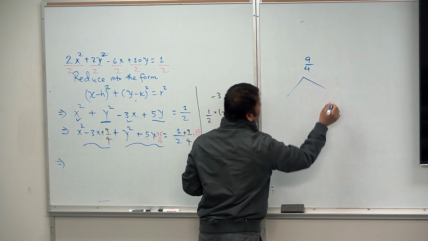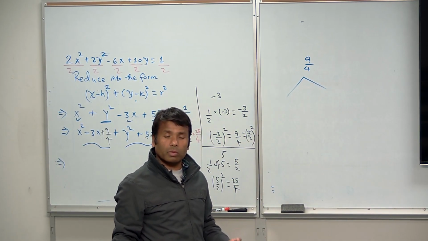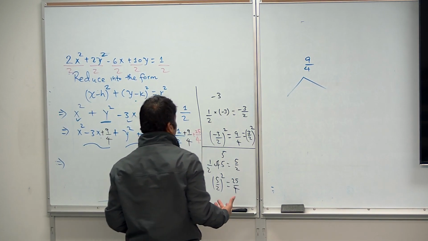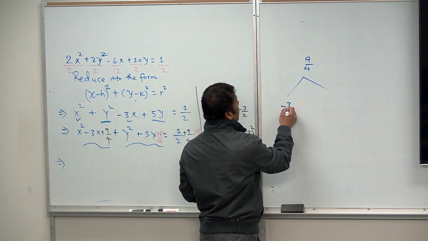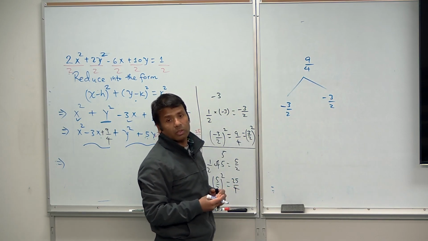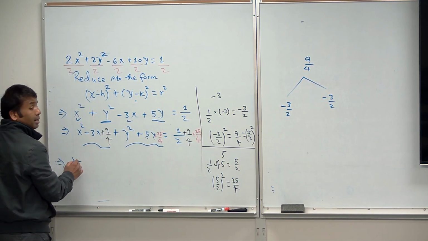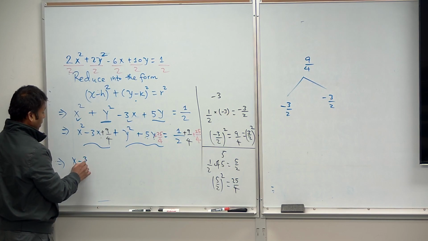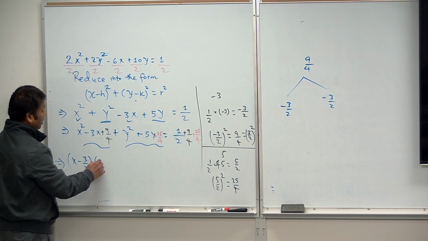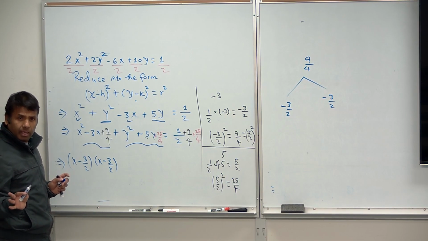I need factors of 9 over 4 so that the sum is negative 3. And you guys know this is negative 3 over 2 and negative 3 over 2. Yes? So now what will be here? x minus 3 over 2 times x minus 3 over 2. Make sense?